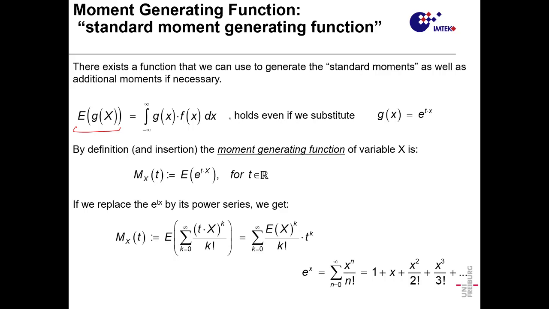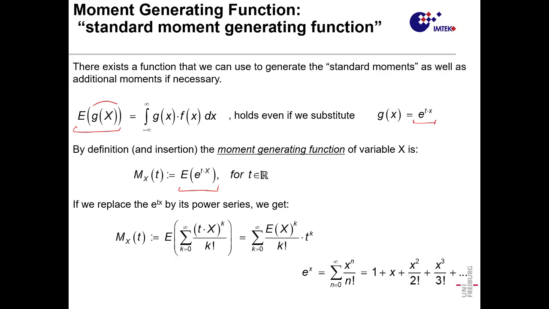And let's say that this particular function is exponential of t times x. Whoever developed the moment generating function came up with this, that is where the genius comes in, and I am not one of those. So you can just replace exponential of tx as our g of x, and then you will have the expected value of this particular function, okay?